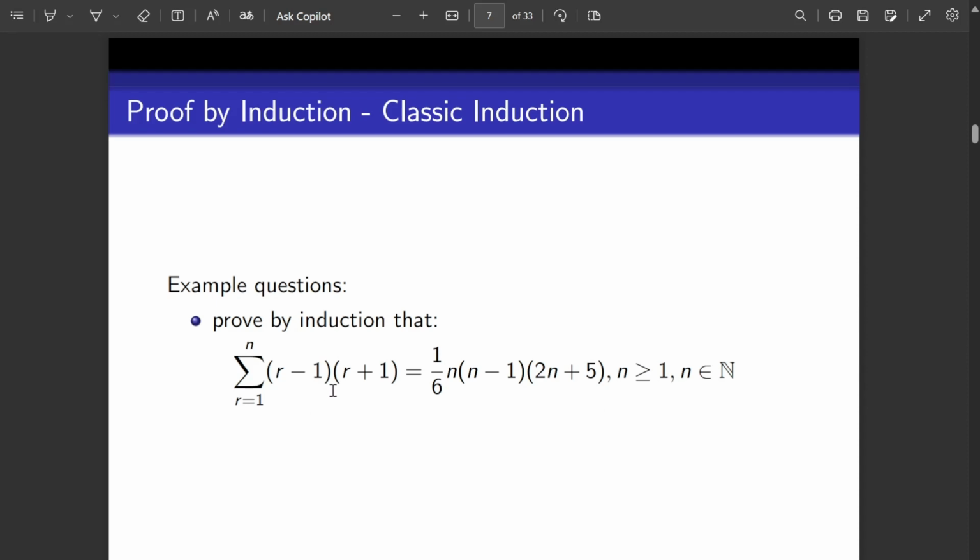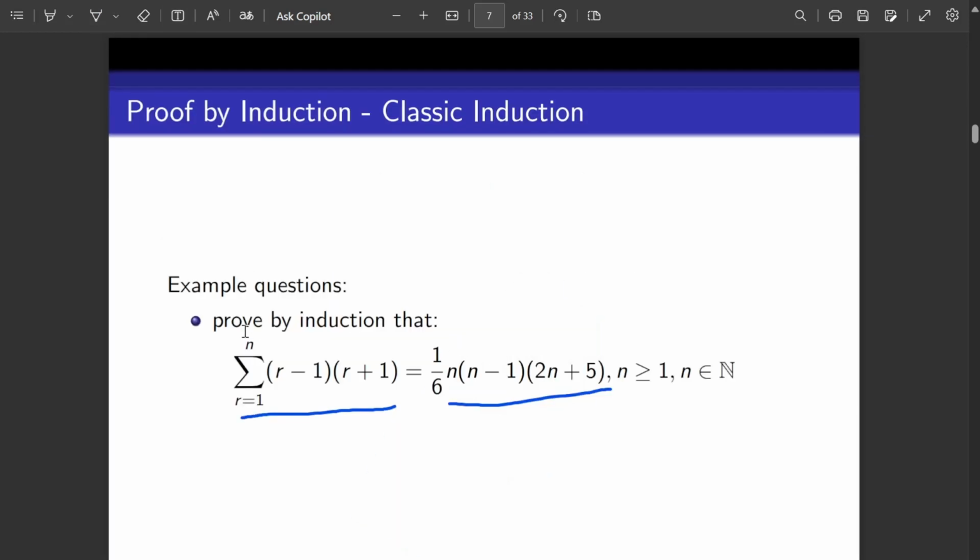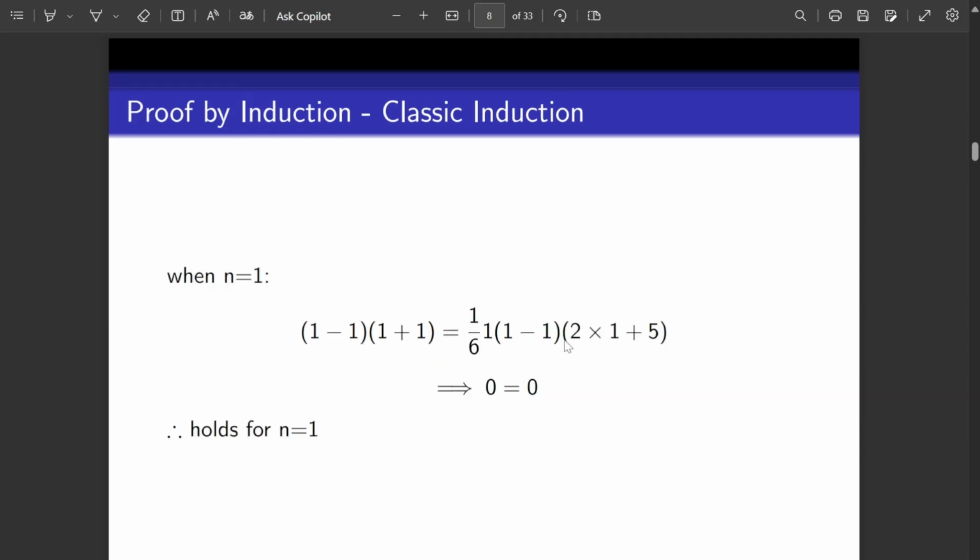So we have this sum, and we're told to prove by induction that this is the same as this, where n is greater than or equal to 1, and n is in the natural numbers. Like I said, our first step is the basis step. Because n has to be greater than or equal to 1, we substitute n equals 1.